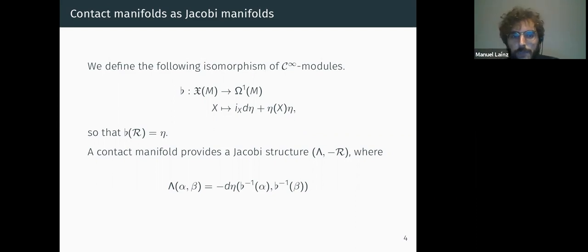Also, a contact manifold, I won't comment on this very much, is an example of a Jacobi manifold, and it has a Jacobi structure which is composed by one bivector Lambda and one vector field which is minus the Reeb vector field depending on your sign conventions, but we choose this one. And it is defined as minus the differential of eta composed with the inverse of this isomorphism.